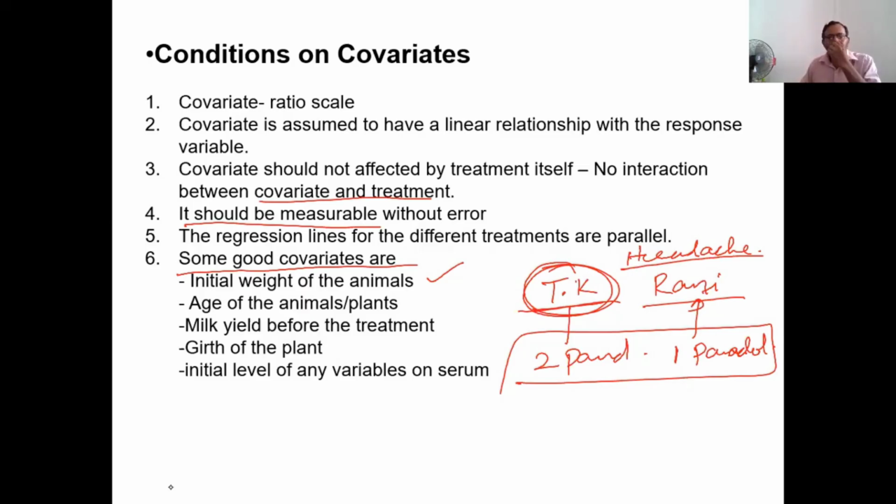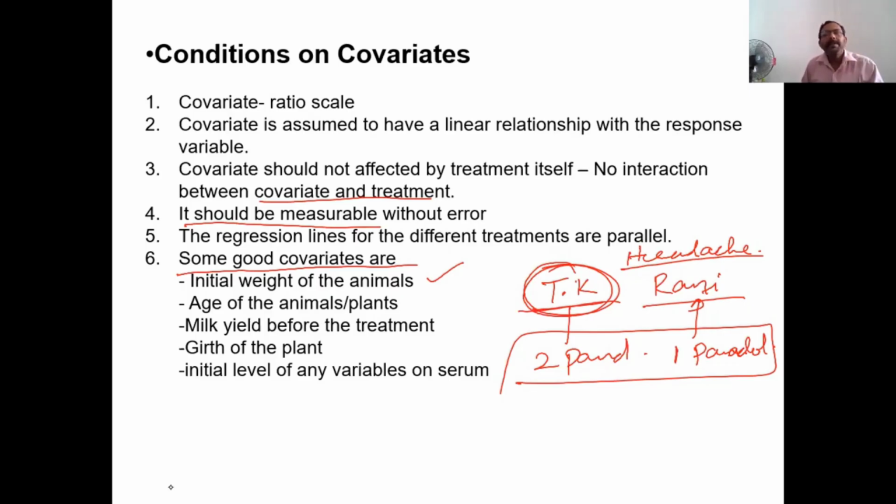So when you apply a treatment to animals, some animals are with high weight. Yesterday we talked about the example of milk yield before and after. When I take a number of animals, let's say 5 or 8 animals for the experiment, we cannot get all the animals in the same condition.